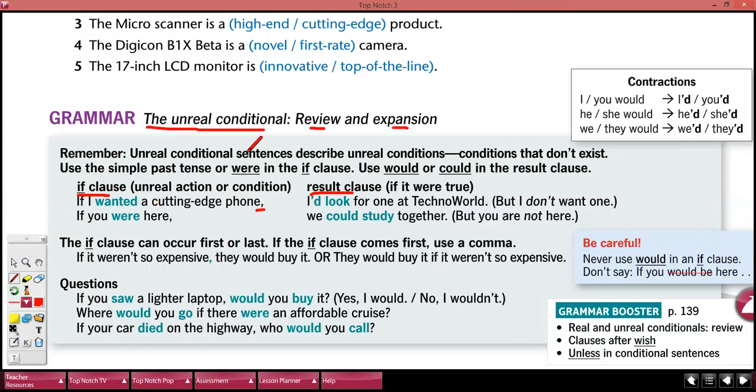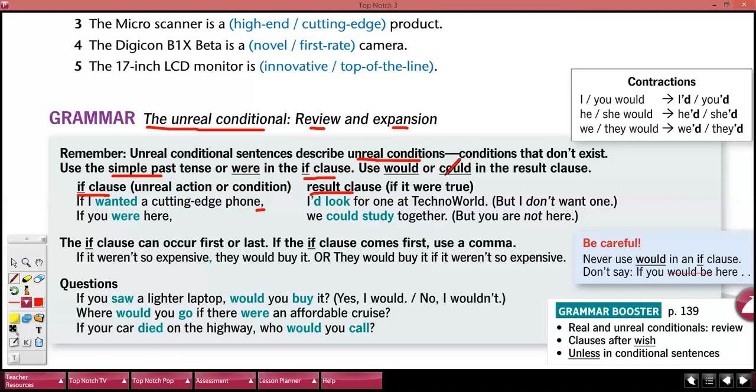We have 4 types, but for today we're going to work with the unreal. This one describes unreal conditions, something that doesn't exist or is not achievable. Use the simple past tense or the past tense of the verb be in the if clause. So this is important: if clause, simple past.